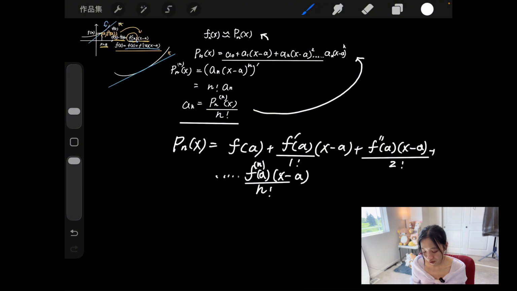So what is the Maclaurin series that we were talking about? It assumes your expansion is at the 0 point, so a equals 0 in this case.